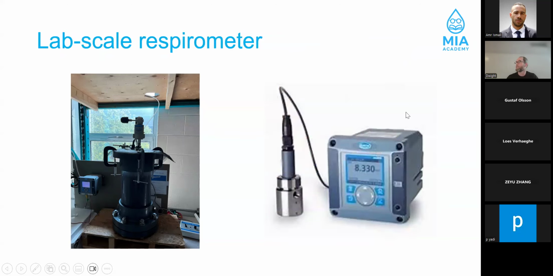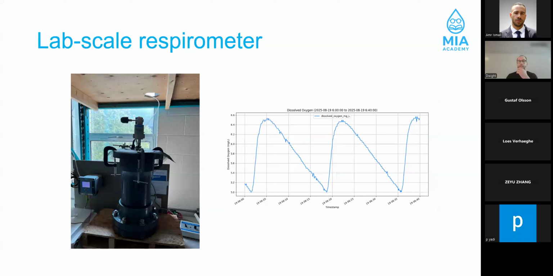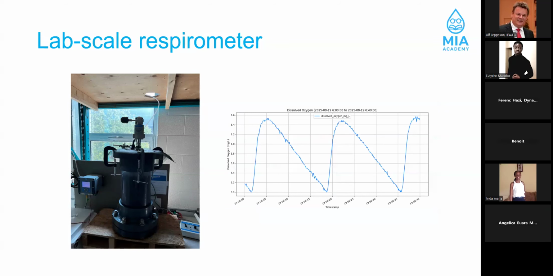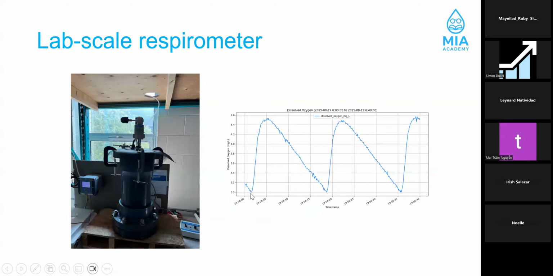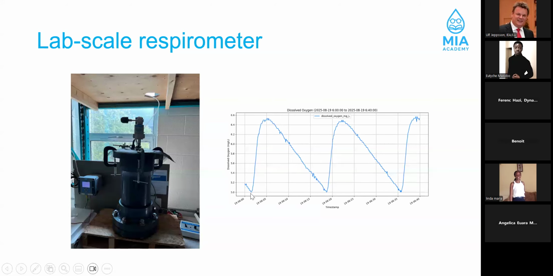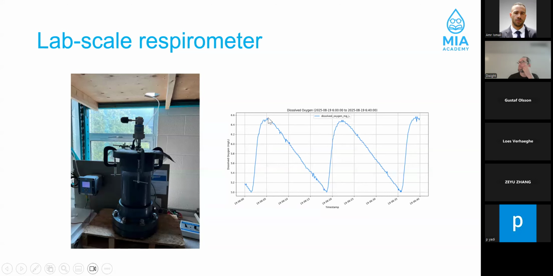And then we were measuring using an oxygen sensor, a lot like this one over here on the right-hand side, except all covered in sludge, so not quite as clean as this one. But we have a sensor that's submerged. You can actually see the stem of it over here, submerged into the reactor, in which we can measure oxygen in real time. And so you can see here, this is using our data acquisition system. What we would do actually is we would aerate to raise the dissolved oxygen concentration up to above 6 milligrams per liter.